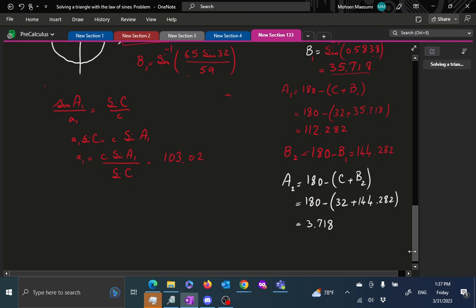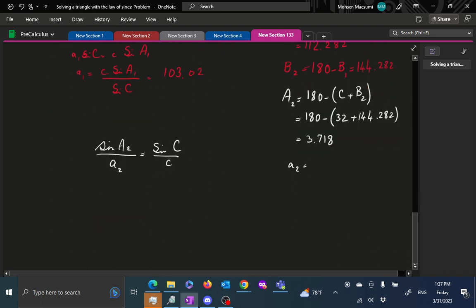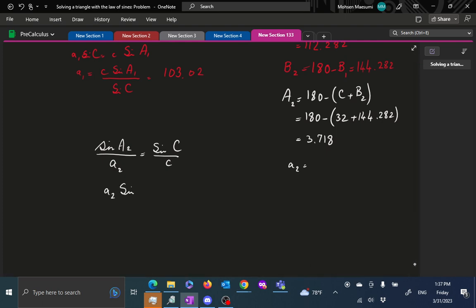Okay, now I need to find A2. So I use sine of A2 over A2 is equal to sine of C over C, and that's going to give me A2 times sine of C is equal to C times sine of A2.